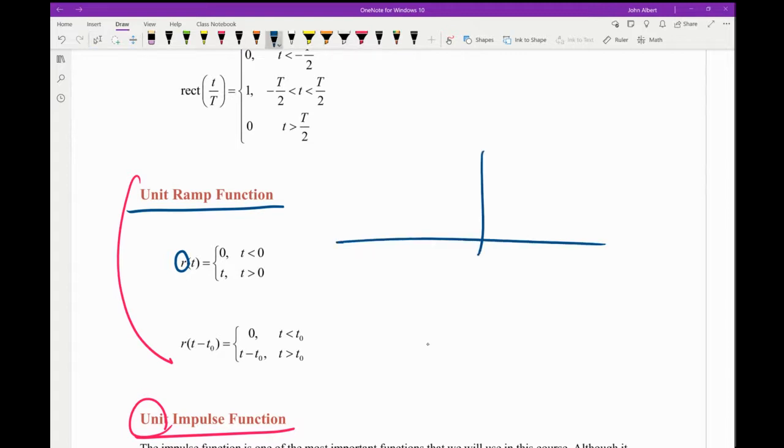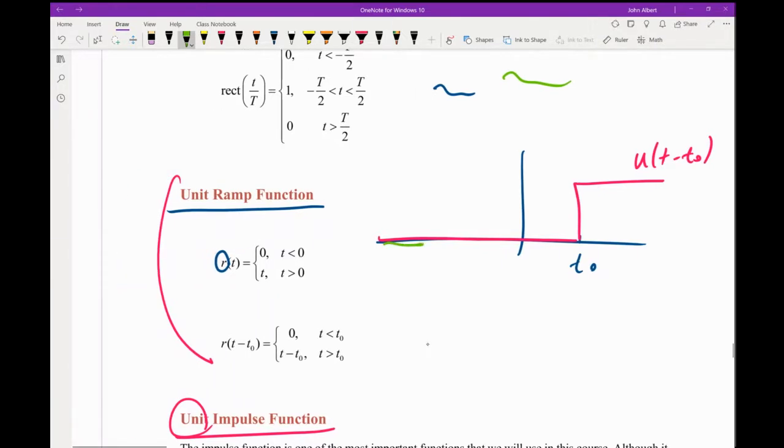If you remember, the unit step function was like this, with t0. This is u of t minus t0. Let me sketch the unit ramp function in a different color, in green. The unit ramp function looks like this.